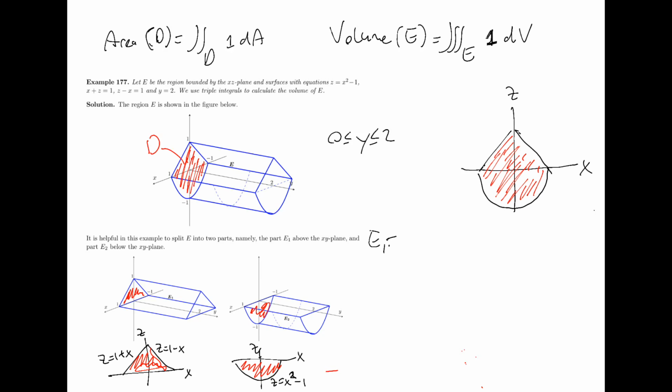E1 is those x, y, z, such that y is between 0 and 2, and (x, z) is in this region D1. So that's the red region, D1, which is also described over there.